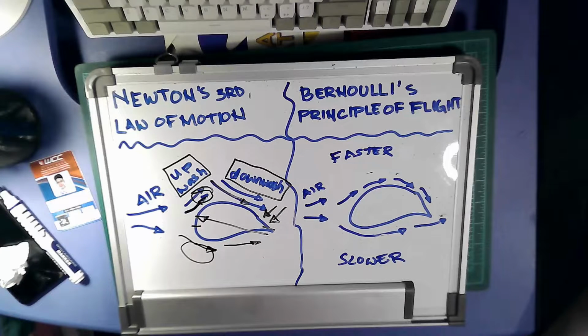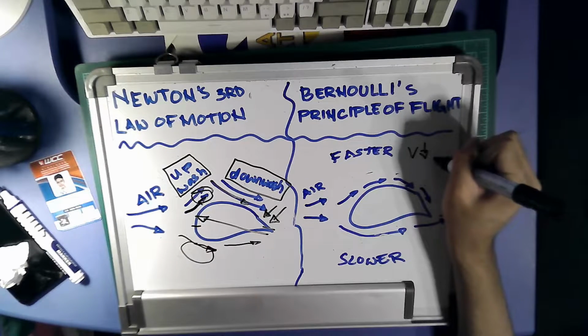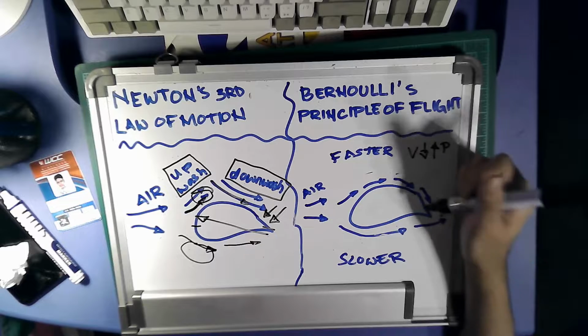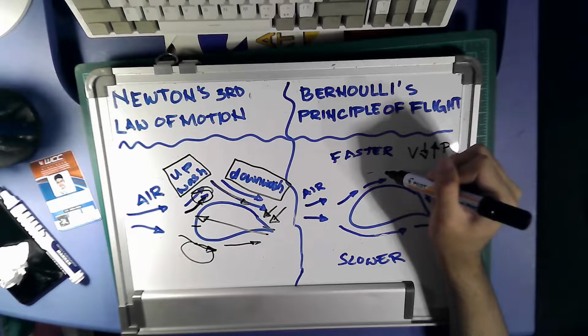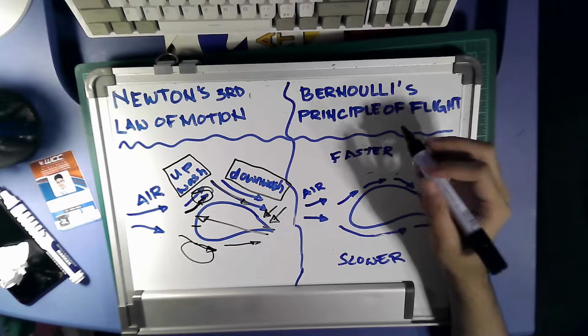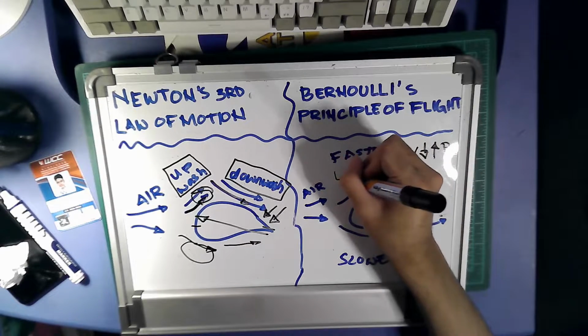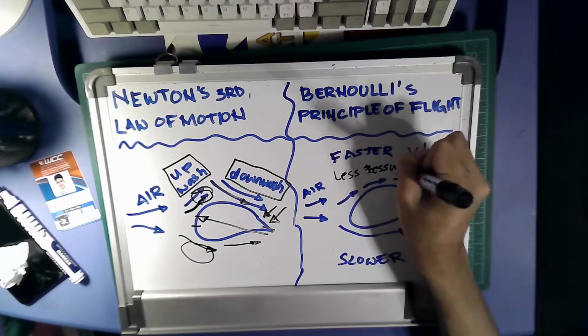Bernoulli's principle of differential pressure focuses more on the difference of air fluid velocity between the upper and lower airfoil surfaces. In his principle, velocity is inversely proportional to pressure. The upper surface experiences faster fluid air than the lower surface. We can now conclude that the upper surface experiences less pressure than the lower surface.